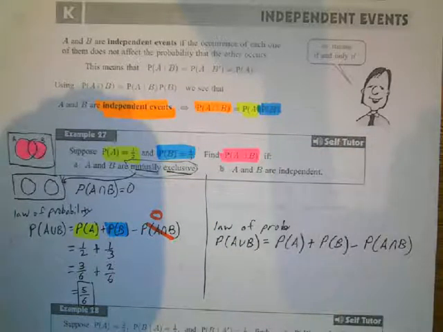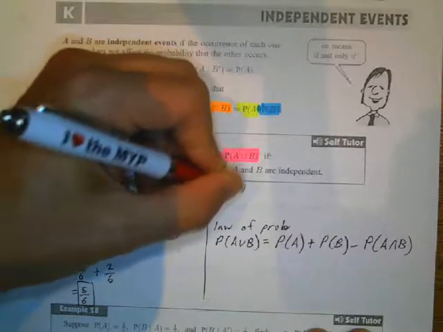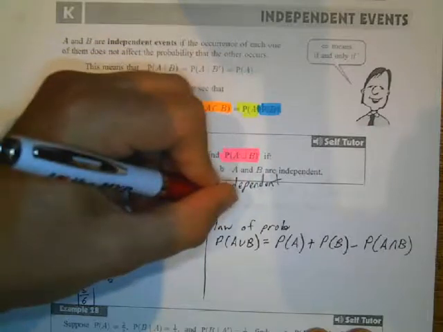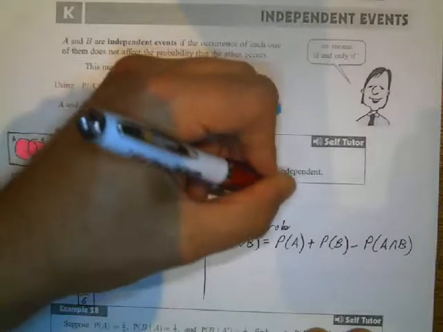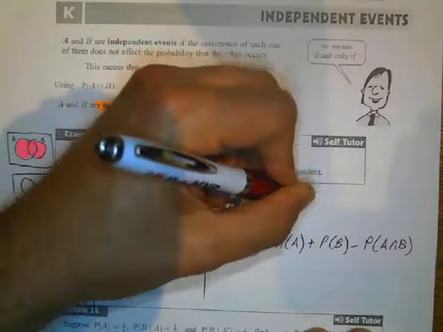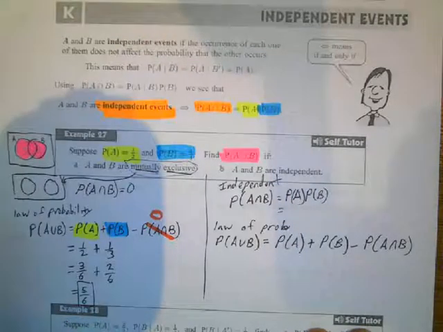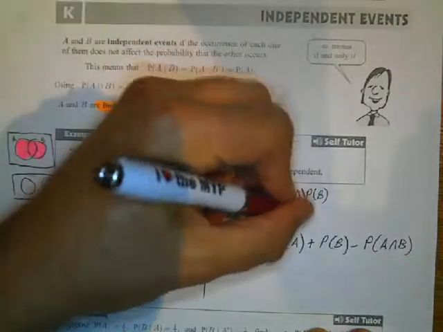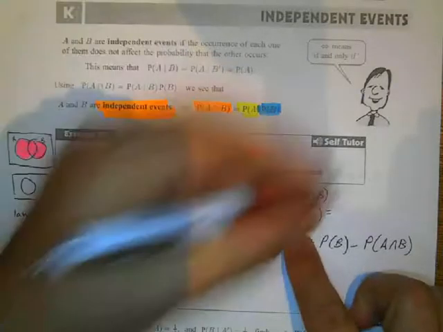So what we can do is we can say for independent, the probability of A intersection B is equal to the probability of A times the probability of B, which is equal to 1/2 times 1/3, and 1/2 times 1/3 is 1/6.